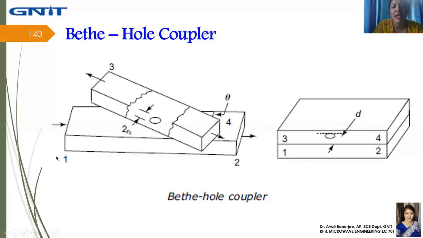By varying the angle theta between the two waveguides, or by adjusting the distance d, powers in port 3 and port 4 can be controlled. Ideally, power at port 4 can be 0 or isolated, whereas that at port 3 is maximum to achieve directional coupling.